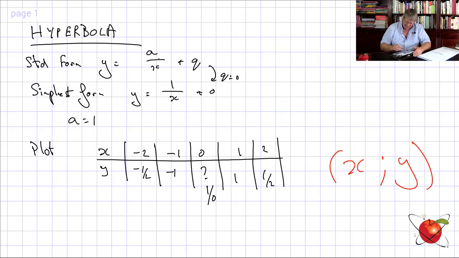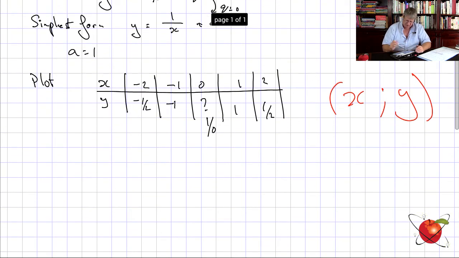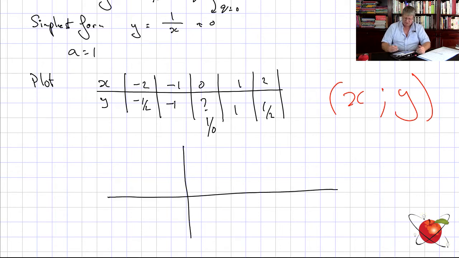If we want to plot this graph, we would have to do our axes, x and y, and label the origin, remember? And we would plot them. Let's just plot 1 and 1 first. It's there. And -1 and -1. There.